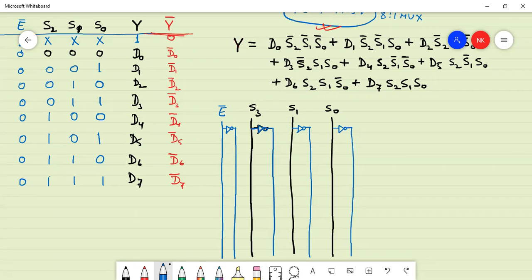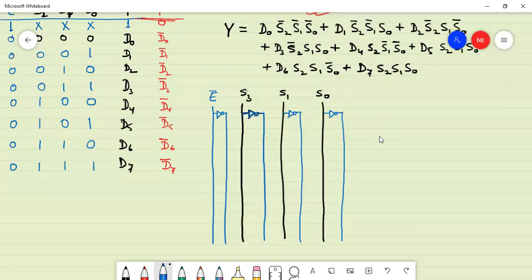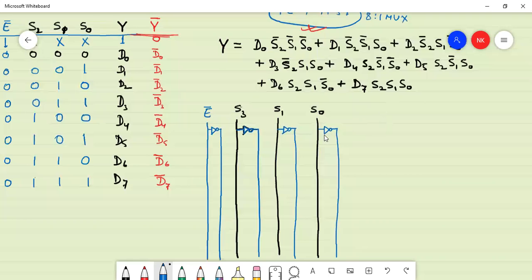So for the first part of the expression, we have D0, S2 bar, S1 bar and S0 bar. We have to take the different inputs also, from D0 to D7, so we need some more lines for D0, D1, D2, D3, D4, like this.